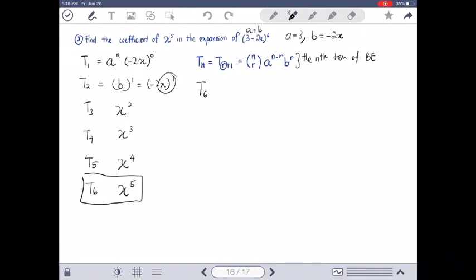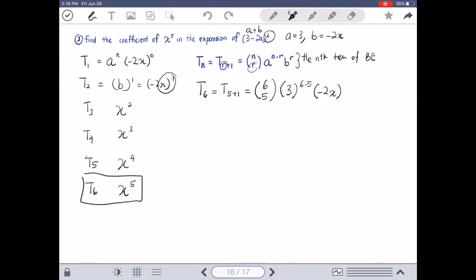In this case, we want to find T6, which is just equal to T5 plus 1, which is just equal to, the n is 6, our r is 5, our a is 3 to the power of 6 minus 5, our b is negative 2x to the power of 5.